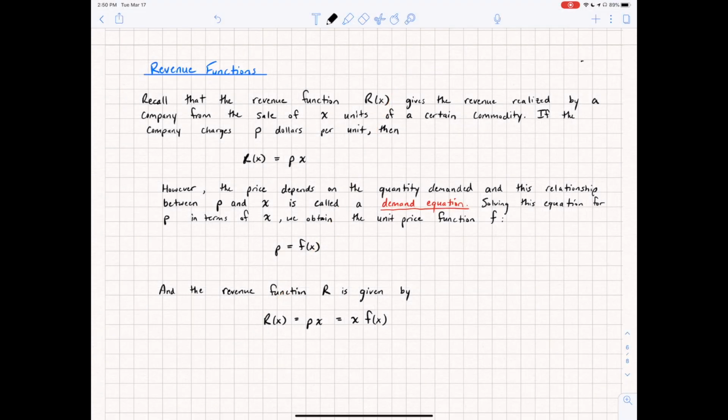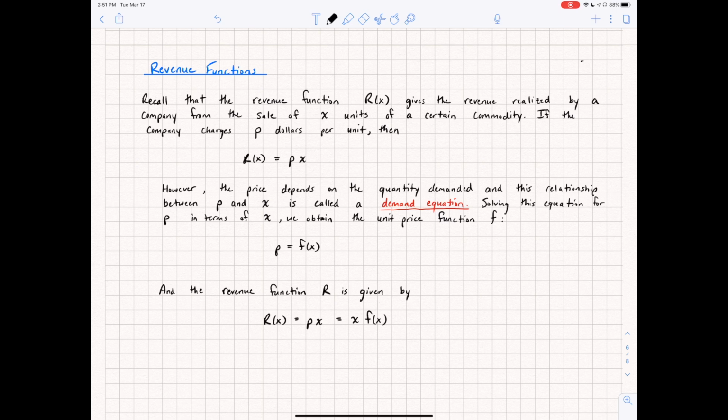All right, so the next section, we're going to look at what's called revenue functions. Recall that revenue is the money that is brought in per item sold. So we can represent this as a function if we let X represent the amount of sales we have on whatever unit we have.